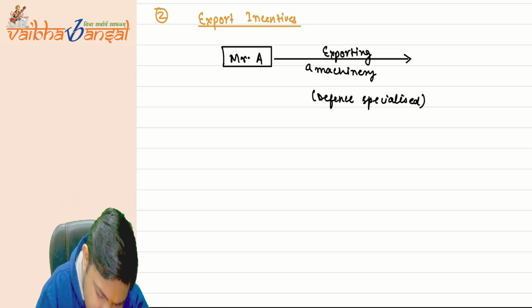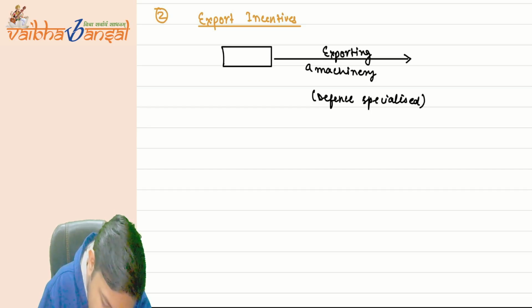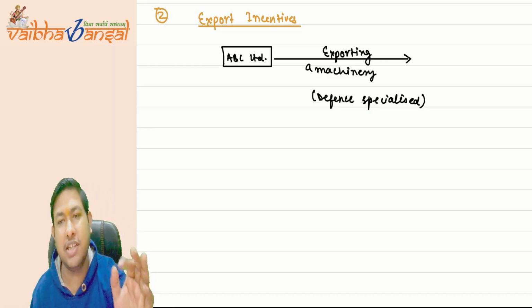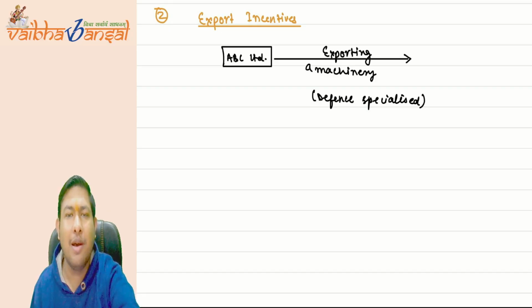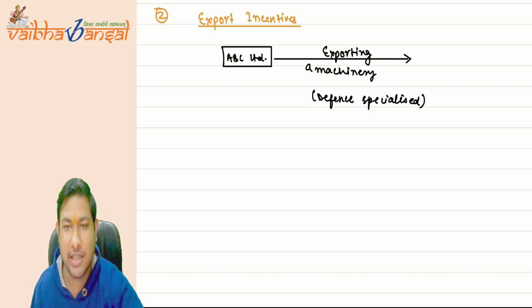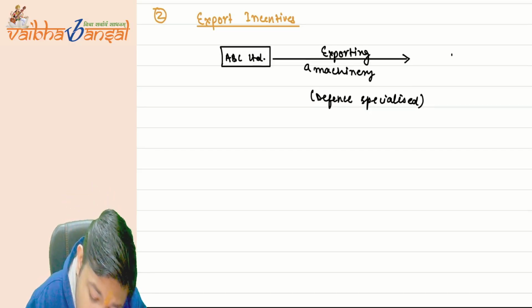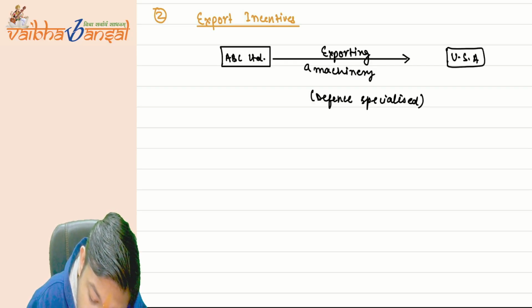Or let me say it is not Mr. A, it is ABC Limited, a company. ABC Limited is exporting a machinery that is defense specialized, specialized for defense needs. Exporting to which country? Suppose the United States of America.